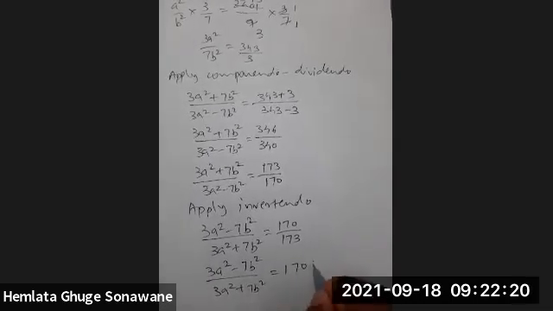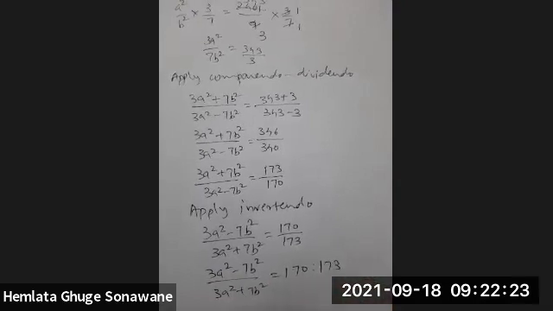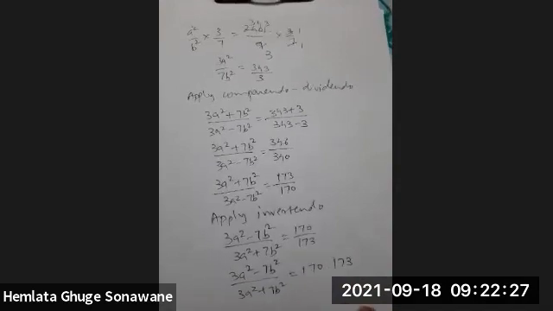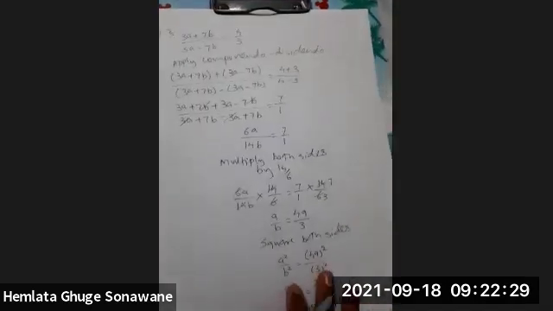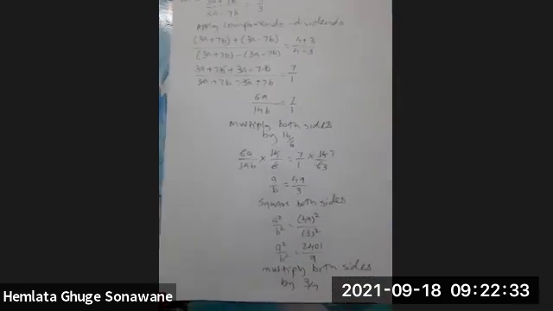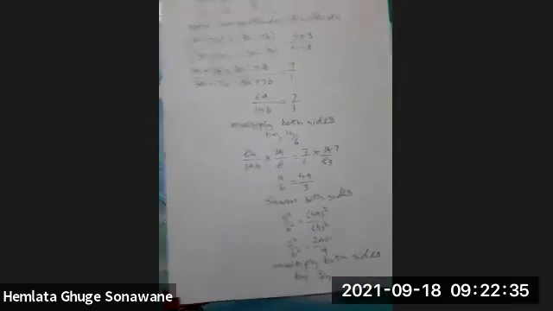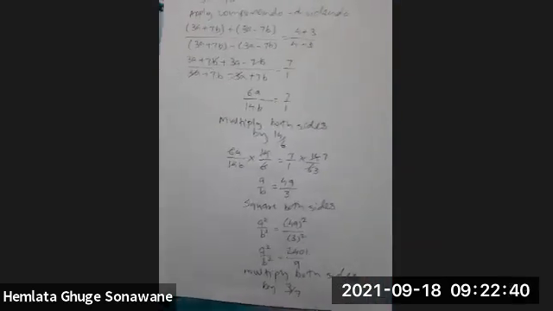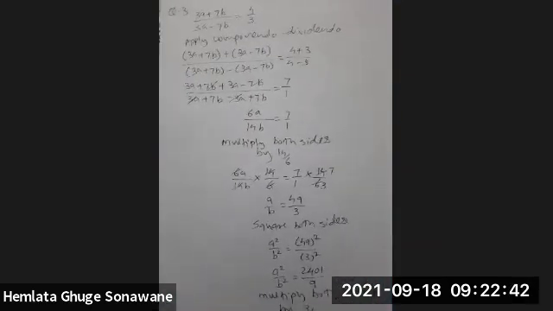The ratio is 170 as to 173. Little bit lengthy, but it's very easy. Just go through this. First, we have to find out the values of a and b, and then we have to find out the given ratio.